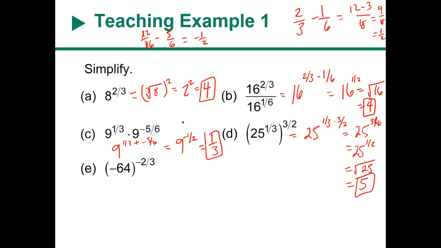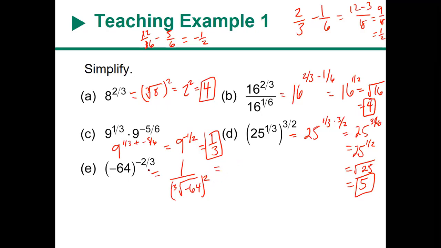All right, on the last one, we have negative 2/3. That means that this actually belongs in the denominator. So in the denominator, I have the cube root of negative 64 squared. The 2 is my power, the 3 is my root. The negative just tells me it belongs in the denominator.